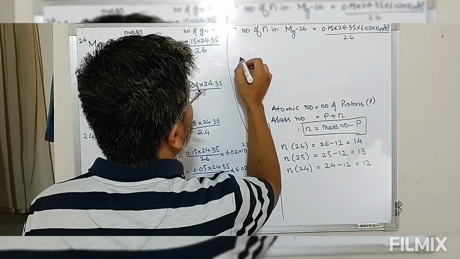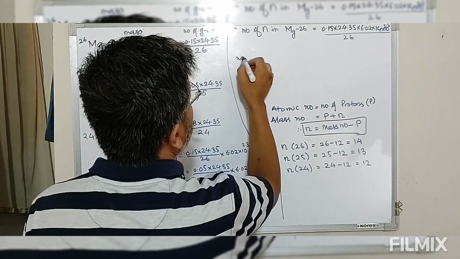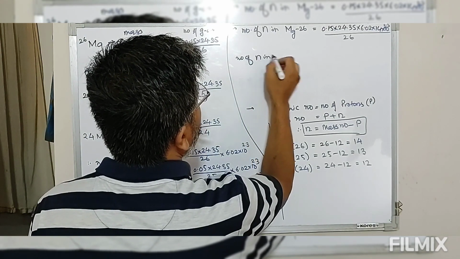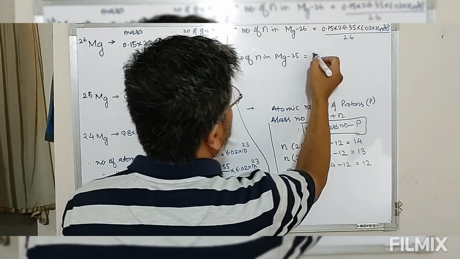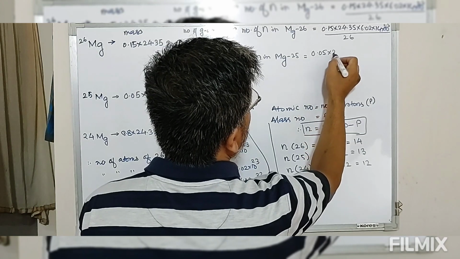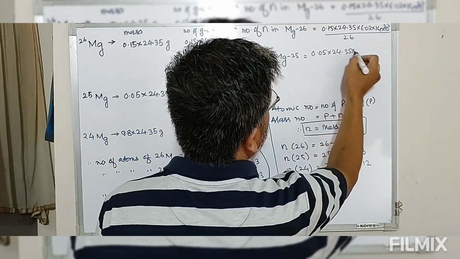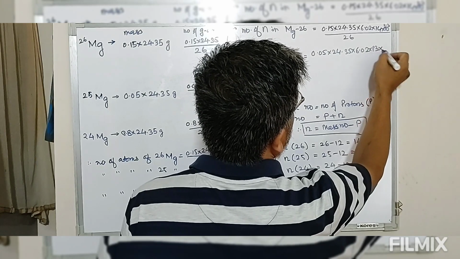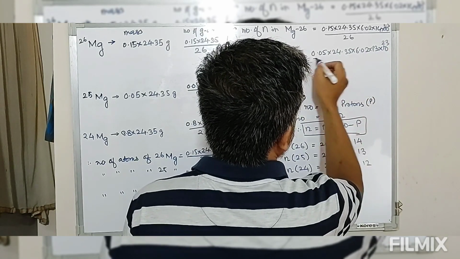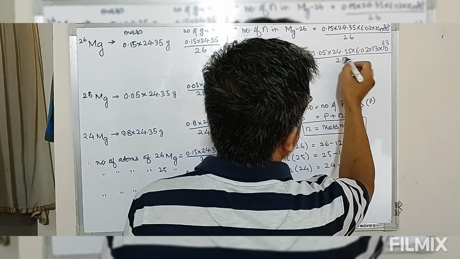Similarly, the number of neutrons in magnesium with isotopic mass 25 is 0.05 into 24.35 into 6.02 into 13 into 10 to the power 23 divided by 25.